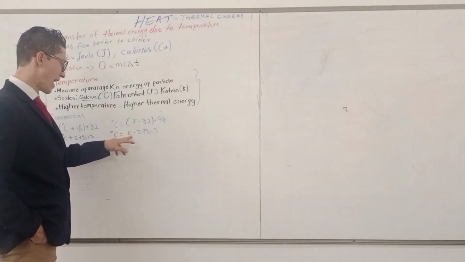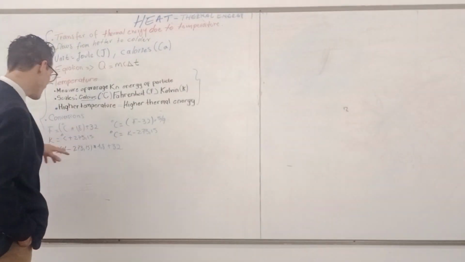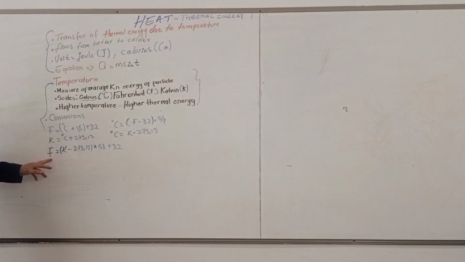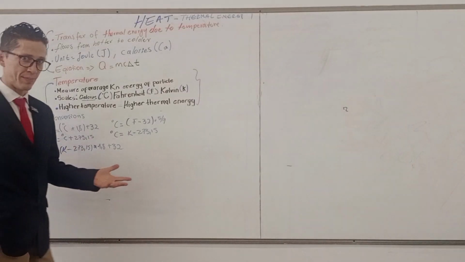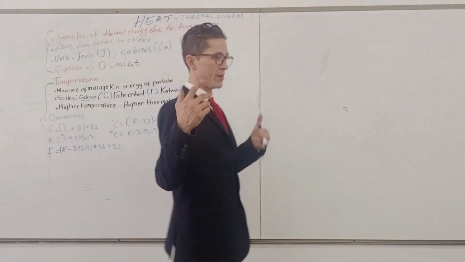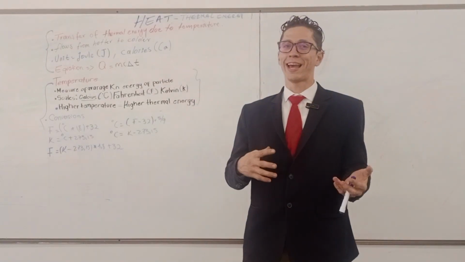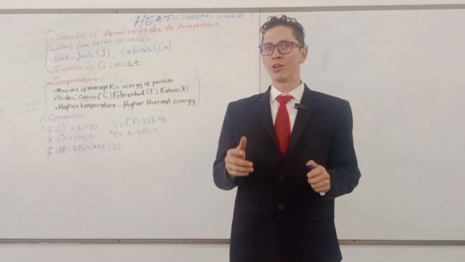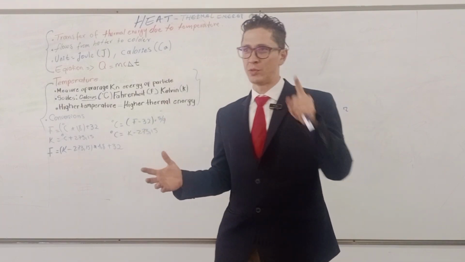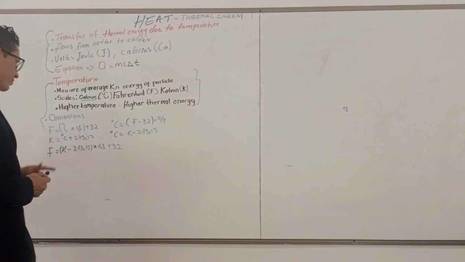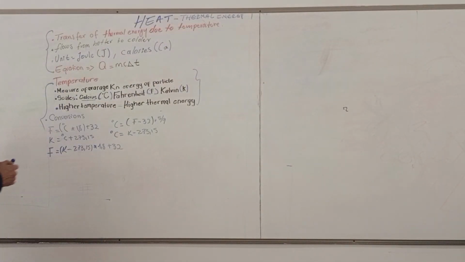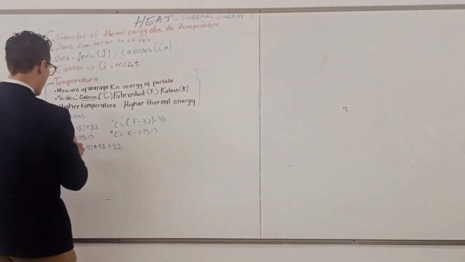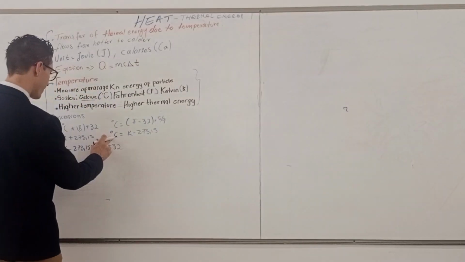Here from Kelvin to Celsius. Here from Kelvin to Fahrenheit. And that's the main point, that we need to mix the scales, and we have certain conversions regarding certain problems, right? Let's do it.